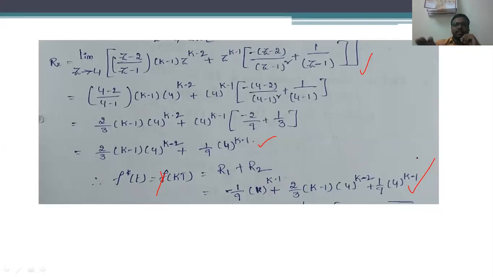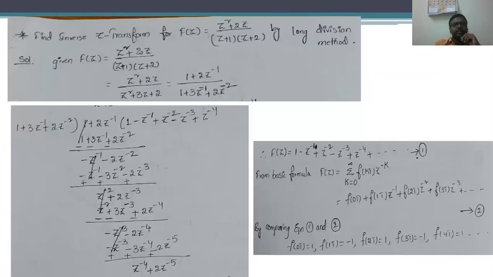These are the different values we are going to obtain for X of z in the long division method. So directly I am going to enter into the problems here. Have a glance at it.